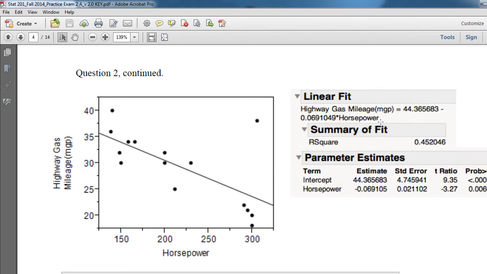For each 1 unit increase in horsepower, we expect highway gas mileage to decrease by 0.0691049 miles per gallon. So you notice that the highway mileage per gallon is going down as horsepower goes up. Horsepower goes up to 300 and the highway mileage is way down.